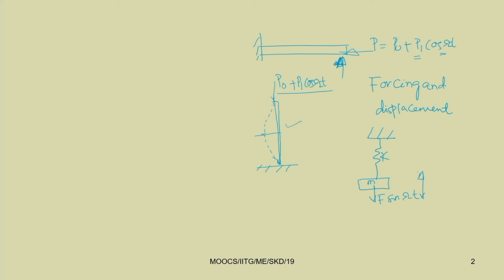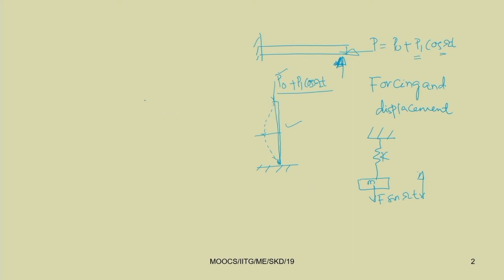Similarly, in this case also, much below the critical Euler buckling load, the beam starts to buckle. So, depending on the values of P0, P1 and omega, where P1 is the amplitude of the periodic part and omega is the frequency of the periodic part, we can observe that the beam starts to buckle at a very low value in comparison to the critical Euler buckling load.